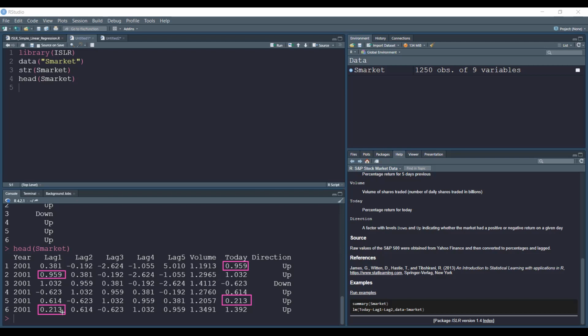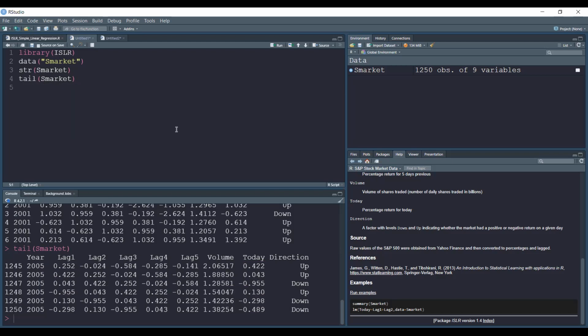But before doing anything, even some sort of summary data, it's a good idea to just check, does the data look like what you would expect it to look like? And we can see that in the last few days.